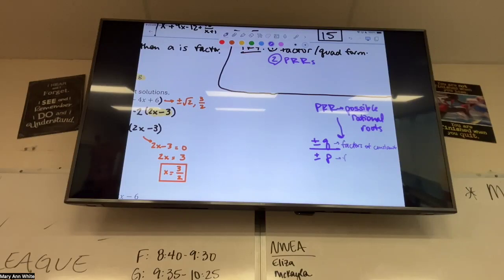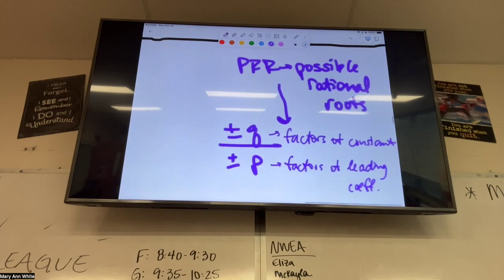The denominator is factors of the leading coefficient. So this is going to be a list of numbers that I come up with from the numbers in my equation, okay? So while you finish copying this down, once you're done with that and you're waiting for me, go to your equation and find what's your leading coefficient, what's your constant. See if you can identify those. I always call my constant my Q, my leading coefficient is my P.